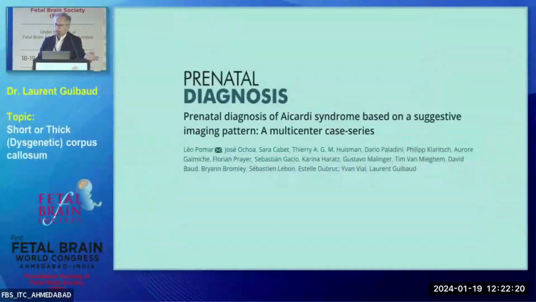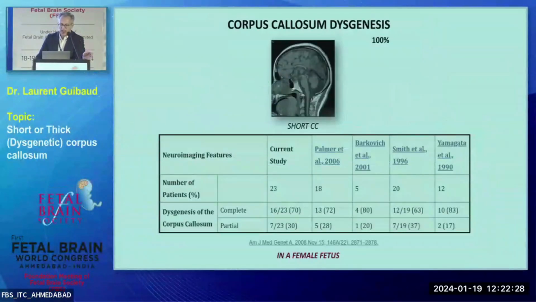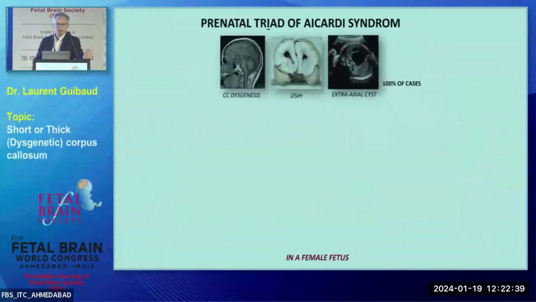But in the prenatal diagnosis, we found a pattern which is very suggestive of the diagnosis, and we published this pattern with most of you. The dysgenesis of the corpus callosum is always present, can be shown, as in this example, and it is associated with distortion of the interhemispheric fissure and the cyst in all cases.